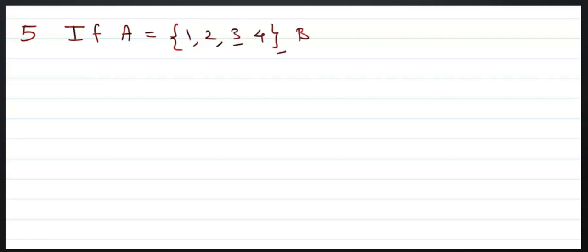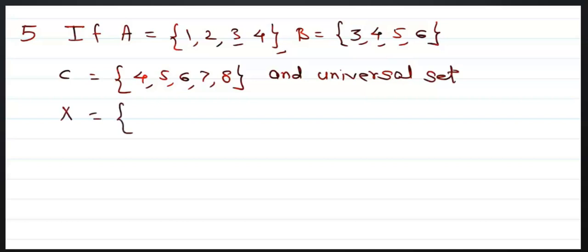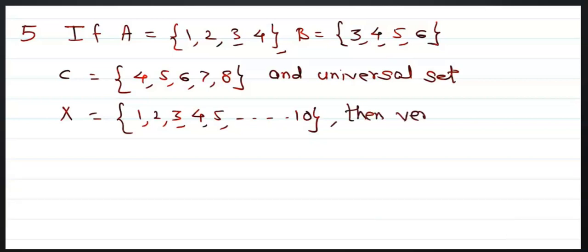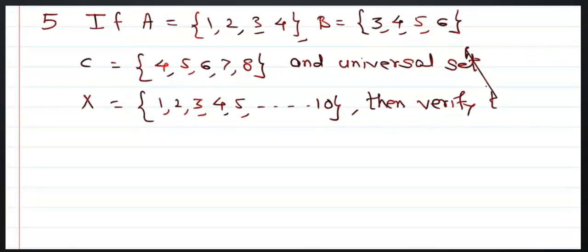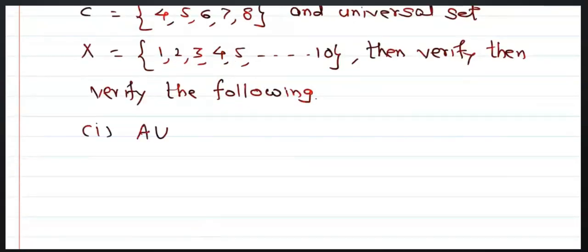If A is equal to {1, 2, 3, 4}, B is equal to {3, 4, 5, 6}, C is equal to {4, 5, 6, 7, 8} and universal set X is equal to {1, 2, 3, 4, 5 up to 10}, then verify the following.